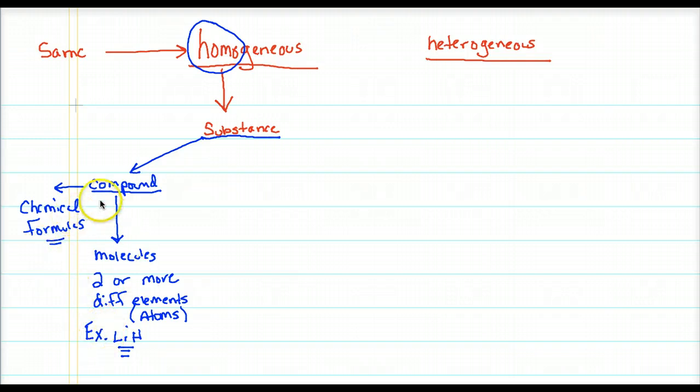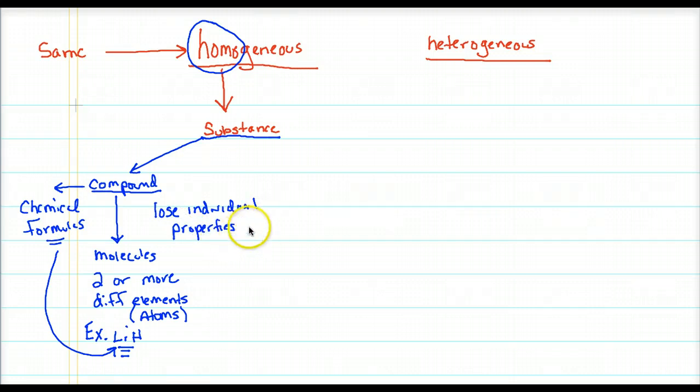Now, something else to think about compounds, because they have a chemical formula, they have a unique property chemically and physically that's different from the individual atoms. So more importantly, compounds lose their individual properties of their atoms to become a new property.